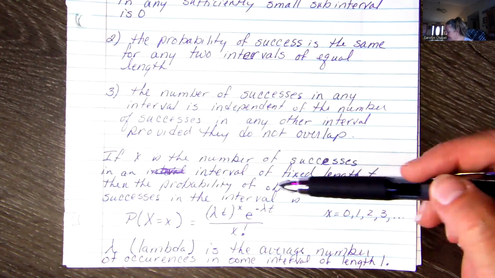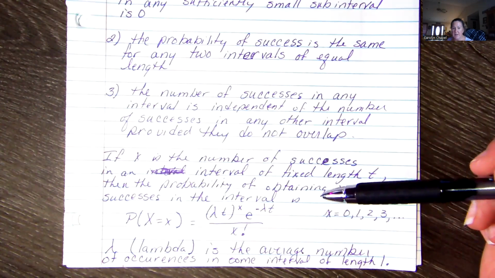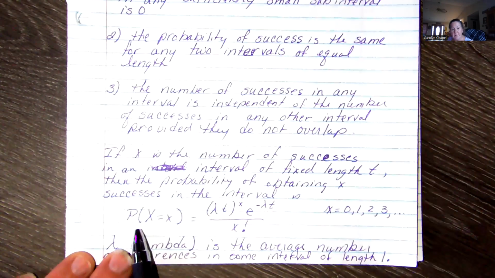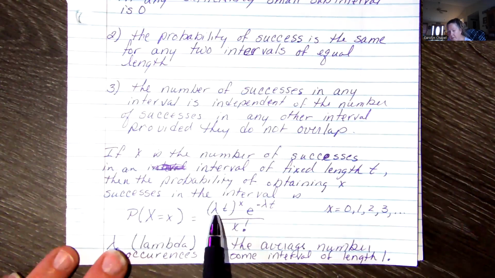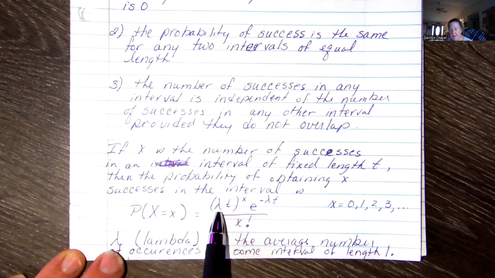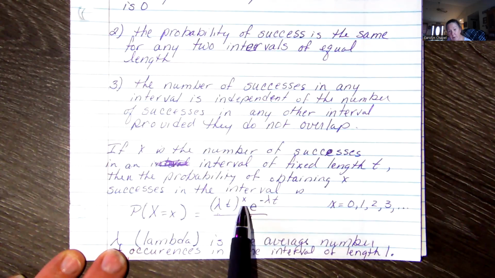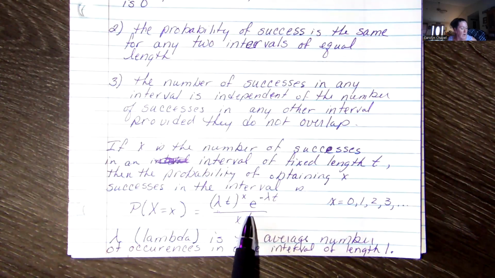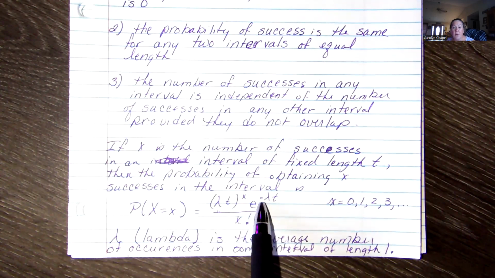The probability of having x successes in that interval is given by: P(X = x) equals lambda t, this whole piece raised to the x power, times e, which is just a number like pi, except it's about 2.718, raised to the negative lambda t, all over x factorial. The funny looking Greek letter that looks kind of like a backward H is called lambda.